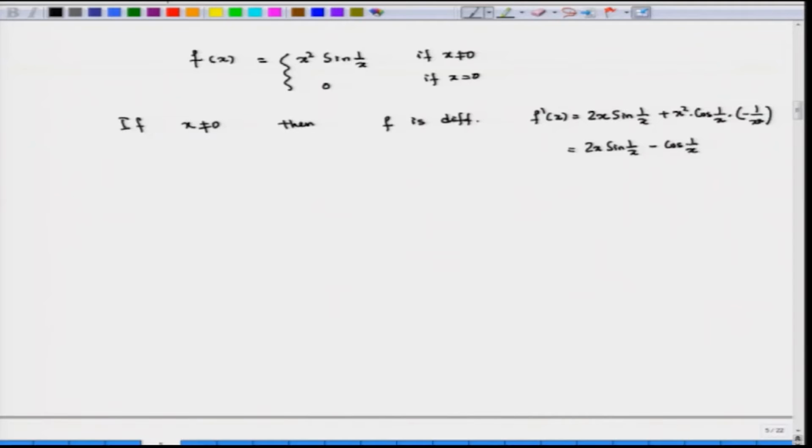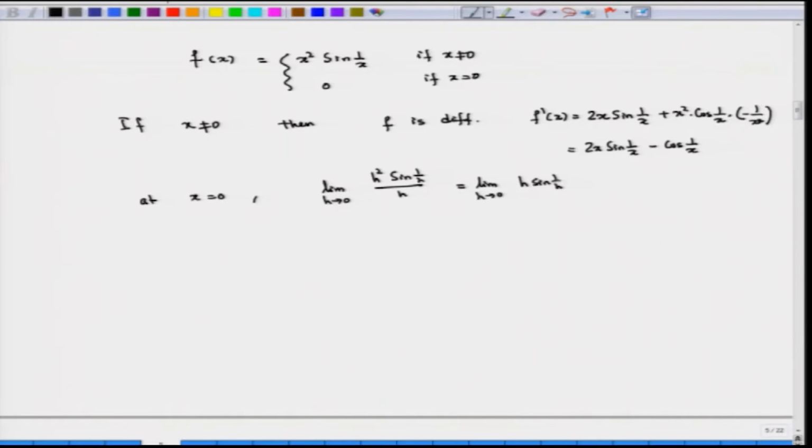Now, at x equal to 0, the derivative is the limit as h goes to 0 of h square sin 1 over h by h, which is equal to the limit as h goes to 0 of h sin 1 over h.